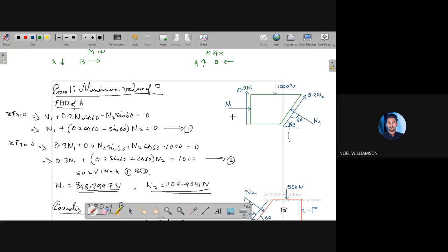In the free body diagram, when A is moving upward, then the friction will be in the opposite direction. That is, this direction, 0.3 N1 will be acting downwards.